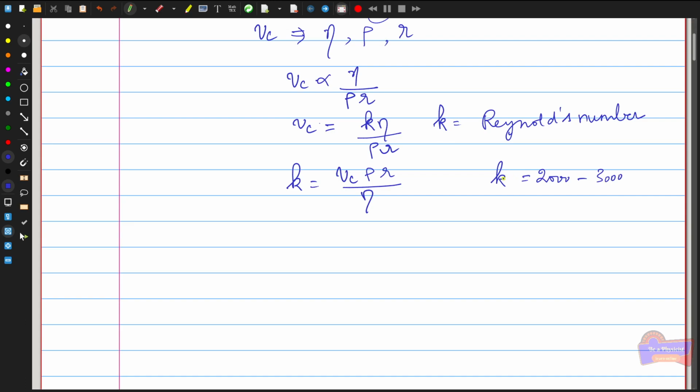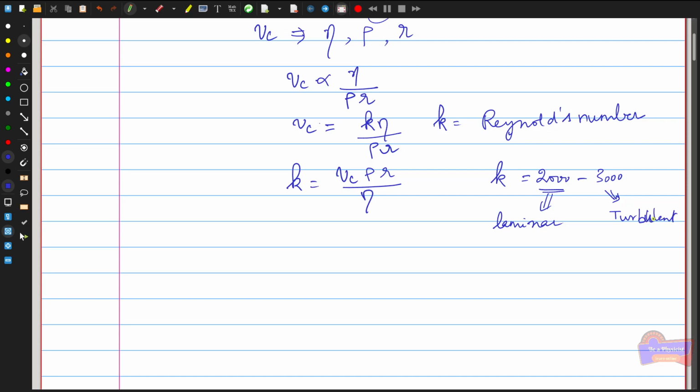If the Reynolds number's value is lesser than 2000, then the flow of the fluid will be laminar. If it exceeds the value of 3000, then the nature of the flow is turbulent.